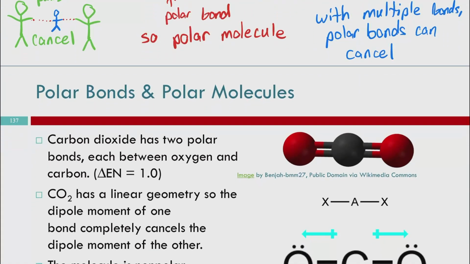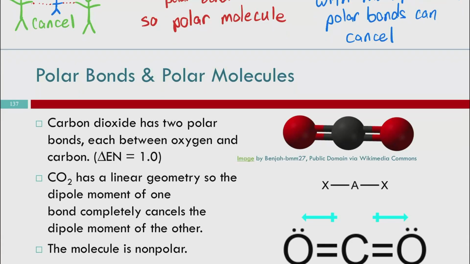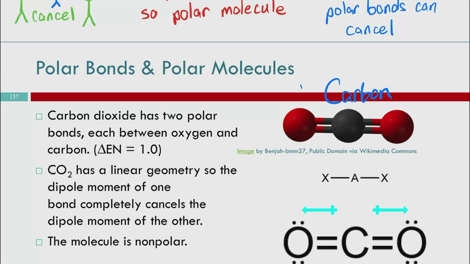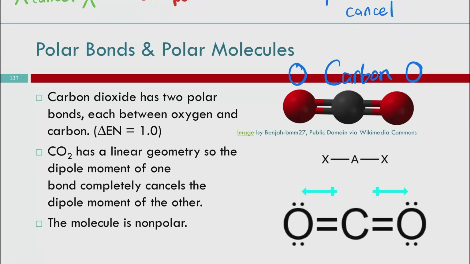Carbon dioxide is the one that we'll be looking at, and it's that exact situation. So carbon dioxide has polar bonds between our carbon here in the middle and our oxygens on the side.